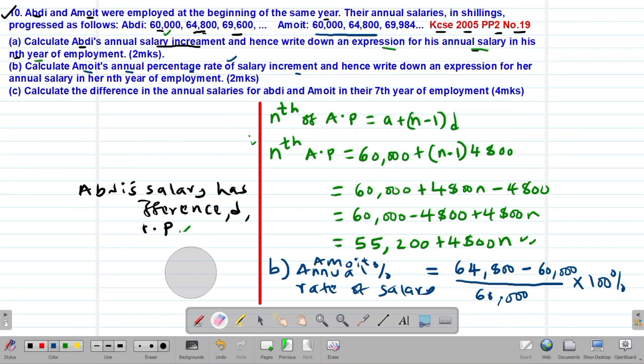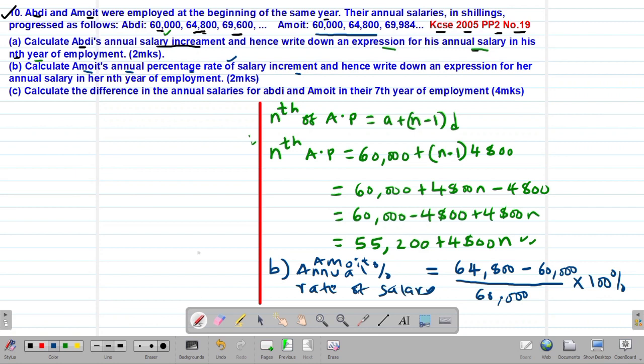So this is what we are going to get. The percentage rate of change will be given by 64,800 minus 60,000.